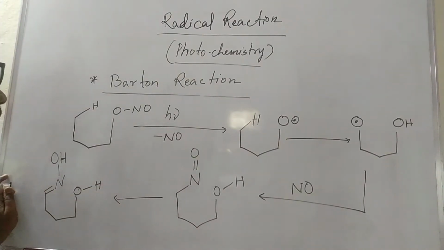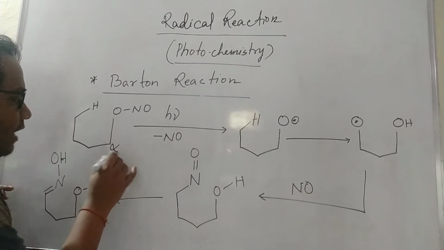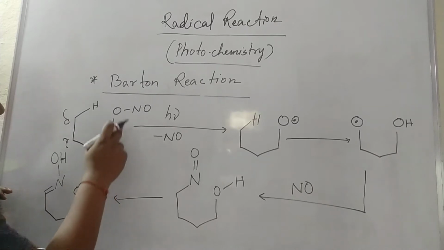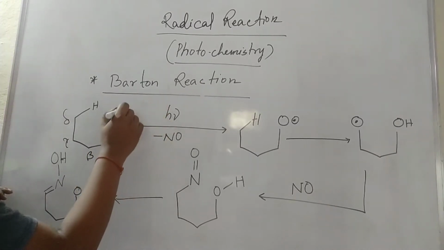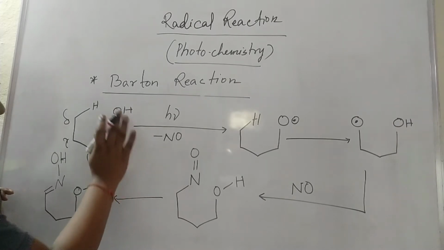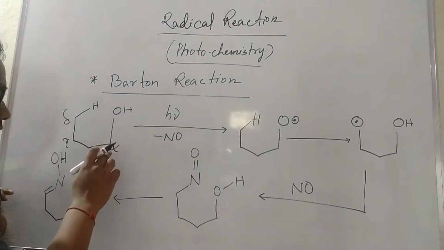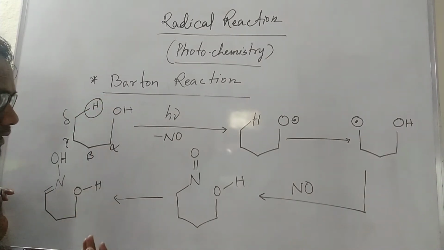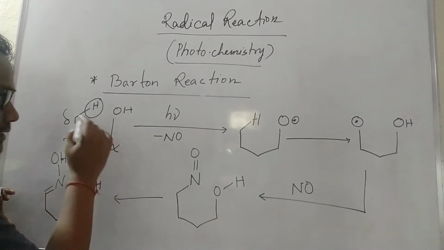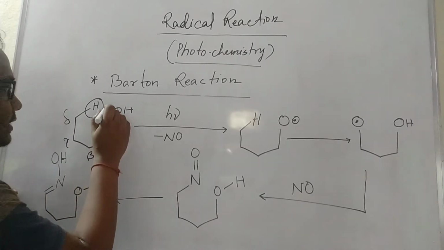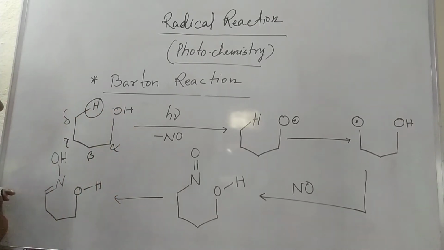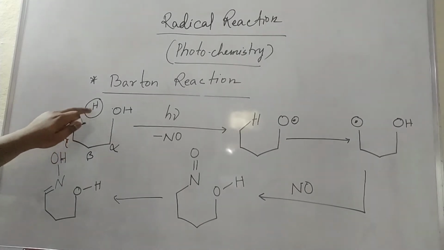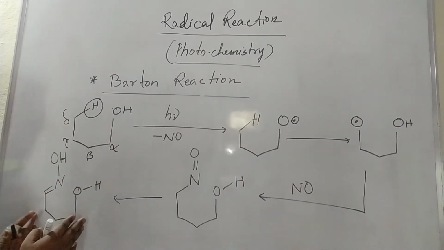So you see what happened if you have an alpha, beta, gamma, delta system. Here, if you take any alcohol, in the alpha, beta, gamma, delta positions a hydrogen will be abstracted by this oxygen atom, and a group is introduced at the delta position, giving this kind of final product.